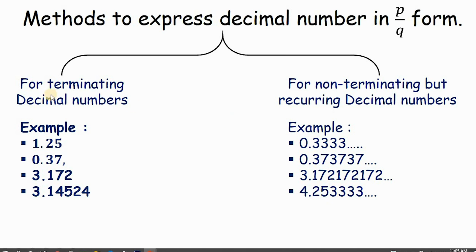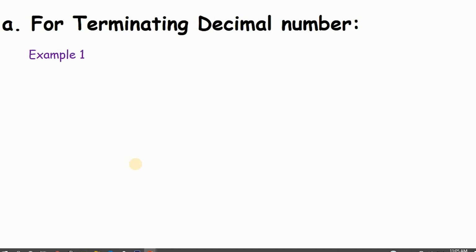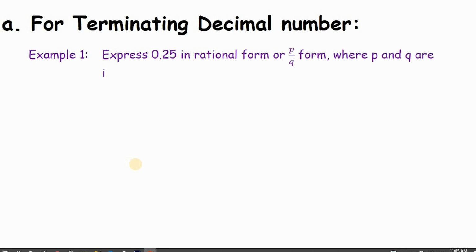Now we'll start with terminating decimal numbers first. It's quite easy, since we have learned how to convert terminating decimals into rational form in the lower classes. Let's take an example. Express 0.25 in rational form, or in the form p by q, where p and q are integers and q not equal to 0.